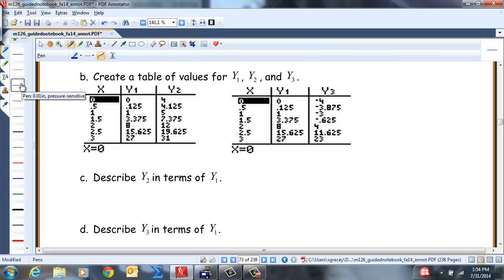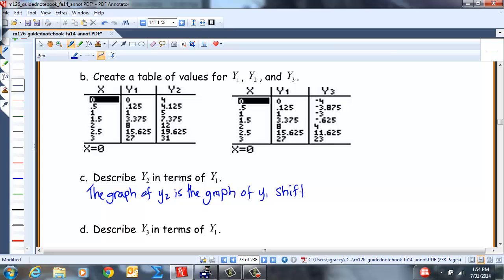Describe y2 in terms of y1. Well, the graph of y2 is the graph of y1 shifted up by 4 units.